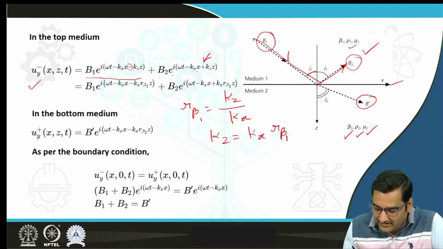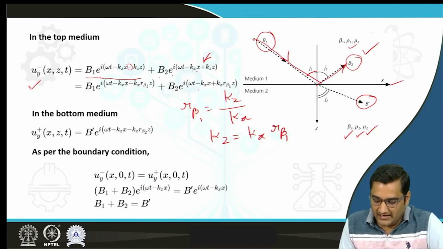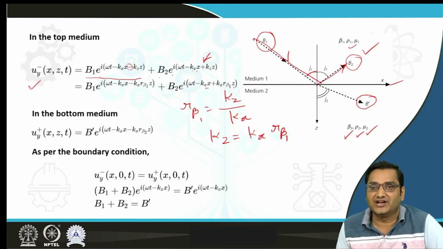Now we will replace it. Then you will get B1 e to the power iota omega t minus k_x x minus k_x r beta 1 z plus B2 e to the power iota omega t minus k_x x plus k_x r beta 1 z.